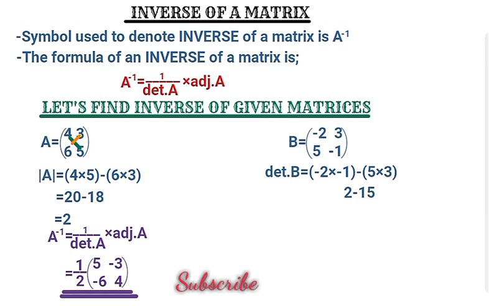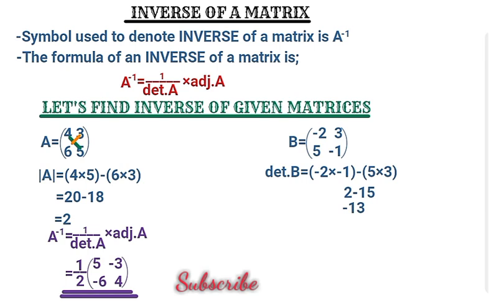So it's going to be 2 minus 15. Then we find the difference of these two numbers. 2 minus 15 will give us -13. So -13 is the determinant of this matrix.